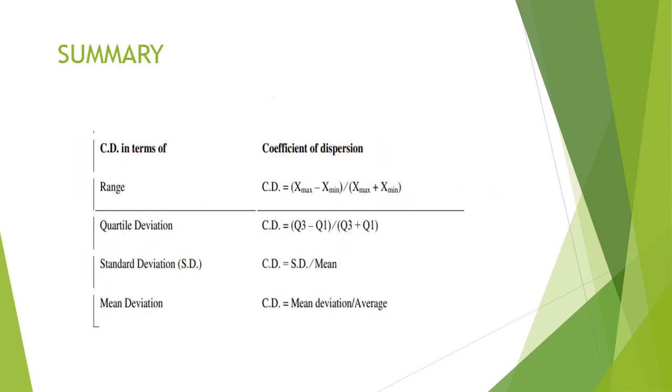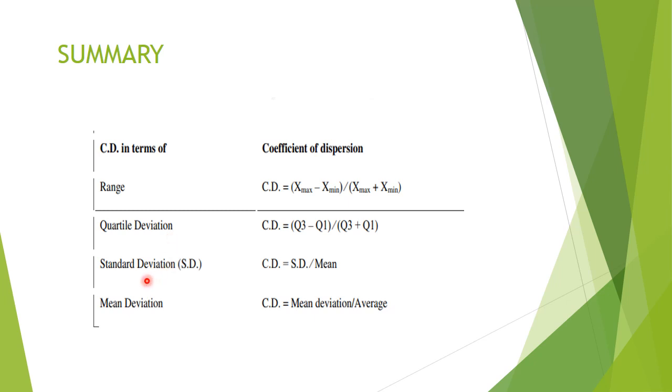Now the summary. We have four coefficients of dispersion: range, quartile deviation, standard deviation, mean deviation. The coefficient of range is x maximum minus x minimum upon x maximum plus x minimum.